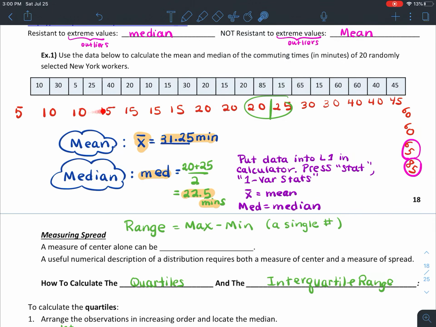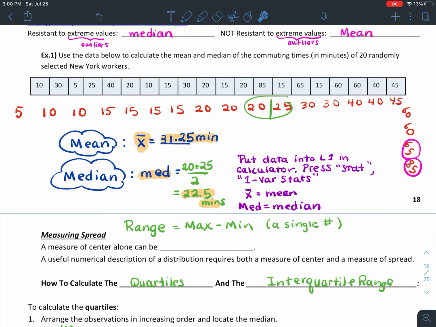Now, I calculated this median here by hand, but there is a feature we will use a lot on the calculator. It will be helpful if you have your calculators really handy here today for us to talk through some of this. If you put the data into your list 1, L1, and you would do that by pressing stat and number 1 for edit, okay?